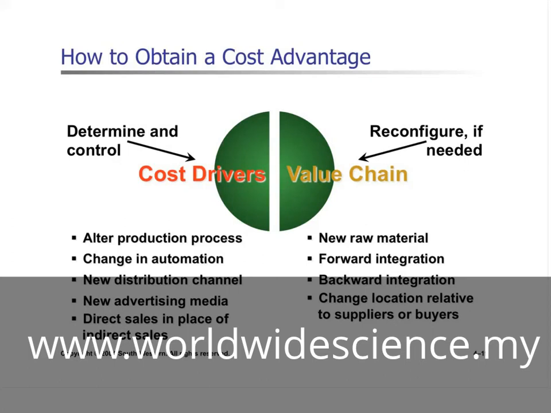Sometimes new distribution channels will cost you less, and you will be able to make money out of it. Then we have new advertising media. Sometimes you change your media. You will reduce a lot of money that you were paying for your advertisement, and it's just as efficient.